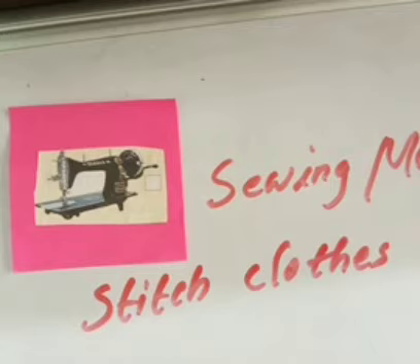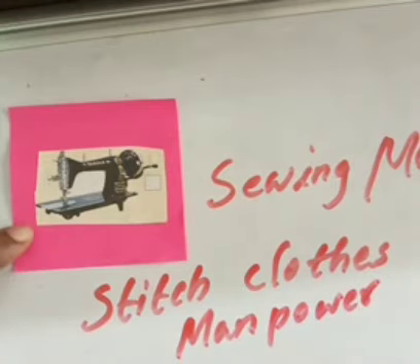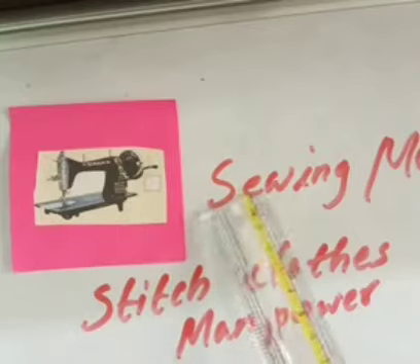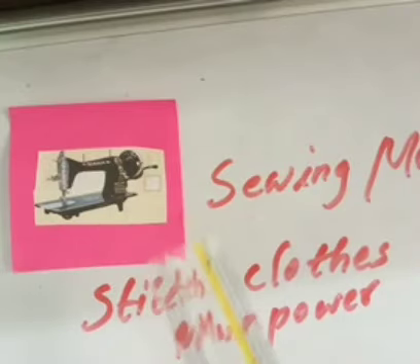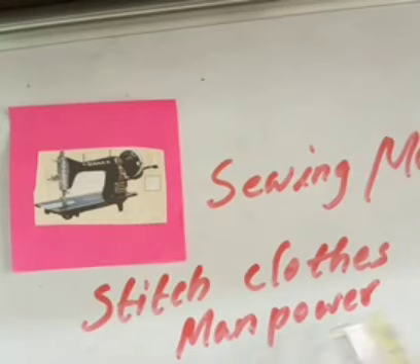And these machines need manpower to work. So this is a sewing machine, it helps us to stitch our clothes, and it needs manpower to work. So instead of writing manpower, you have to write the letter M.